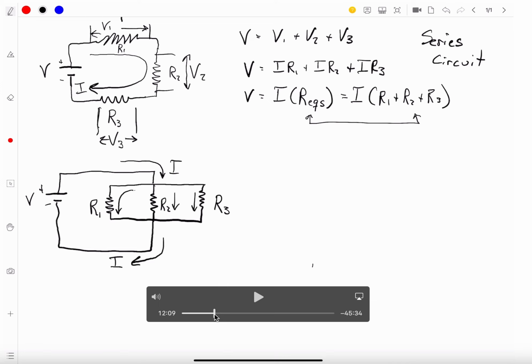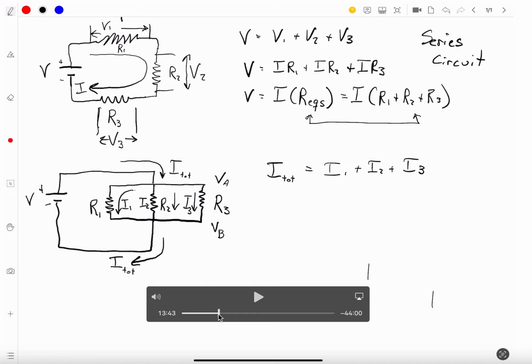Now let's look at parallel. Okay, so here we have our DC voltage supply. It's got current going in and coming out of these parallel resistors. And along with R1, we've got I1, and then R2 has I2, R3 has I3, and there's a voltage at the top and a voltage at the bottom, VA and VB.